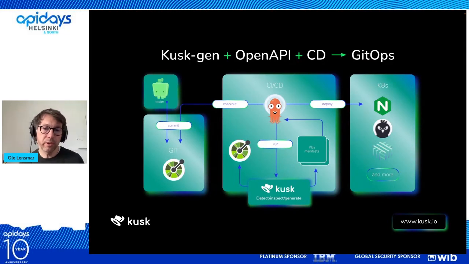And if you're into the GitOps kind of thing, what this shows you is that as a developer, you would be putting your OpenAPI definition in Git. A tool like Argo CD or Flux would be able to then, as part of the reconciliation or the continuous deployment workflows, read that definition, running Kusk to generate the Kubernetes manifests for your target gateway.